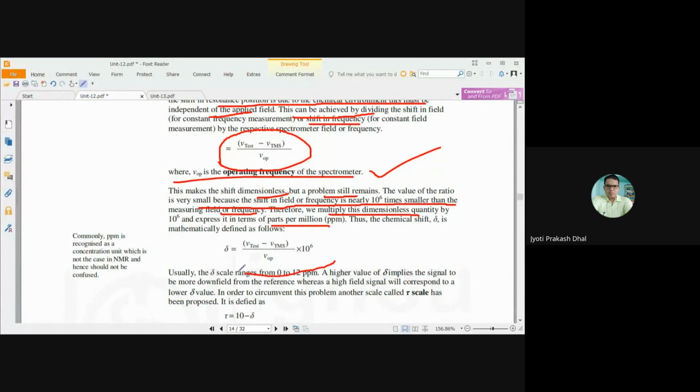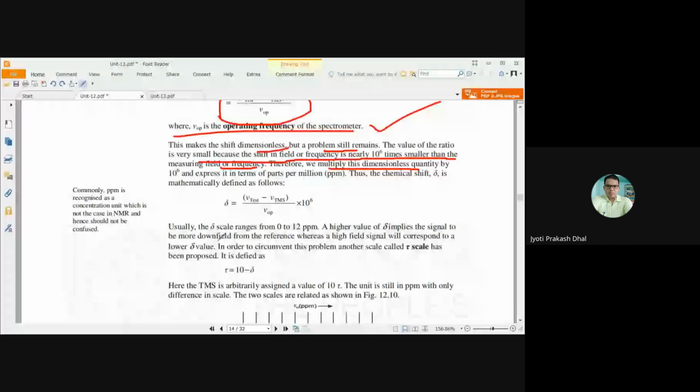So delta equals nu test minus nu TMS divided by nu OP, the operating frequency, into 10 to the power 6. The delta scale ranges from 0 to 12 ppm.